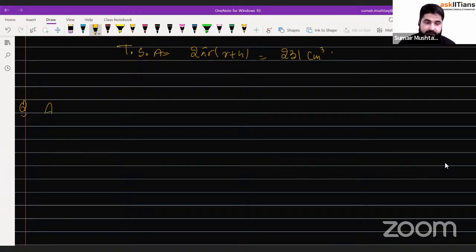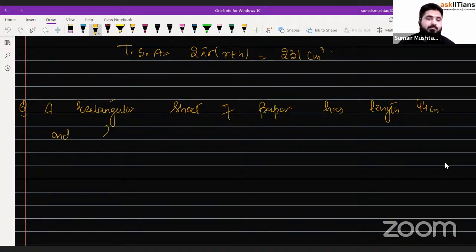See, a rectangular sheet of paper has length 44 centimeter and breadth 18 centimeter. Okay, it is rolled. What do you mean by rolled?